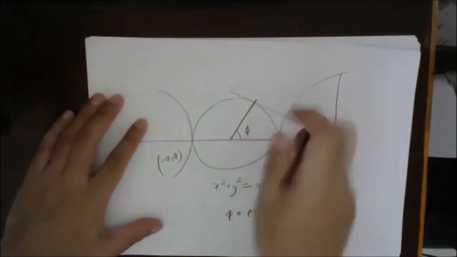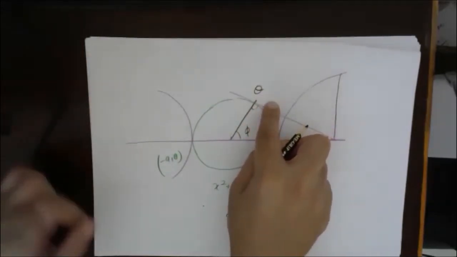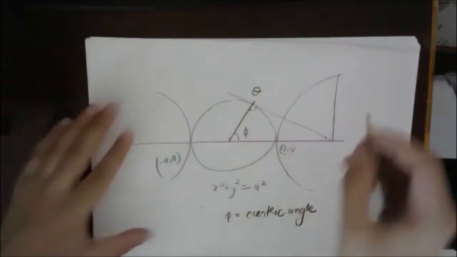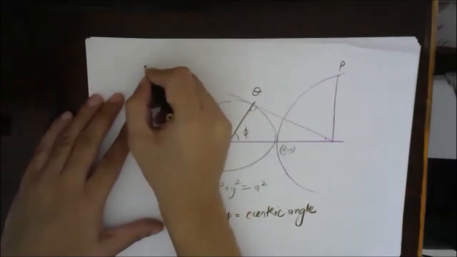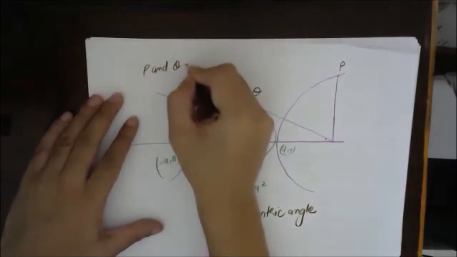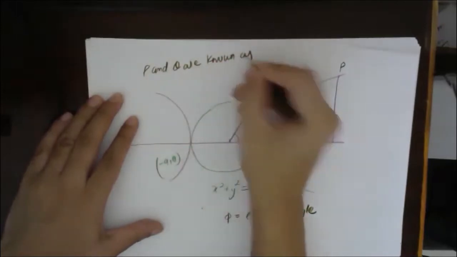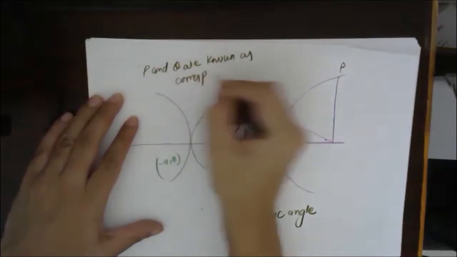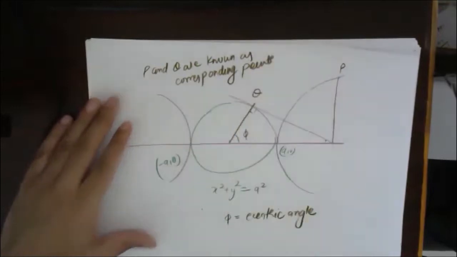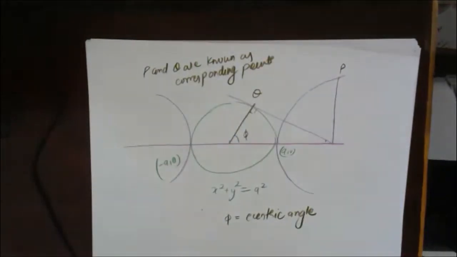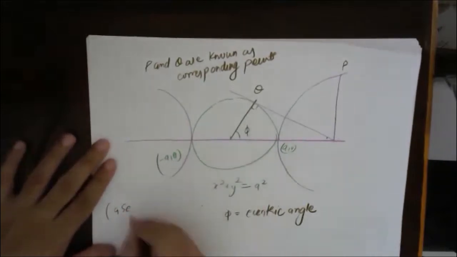Suppose this is point P and this is point Q. P and Q are known as corresponding points.